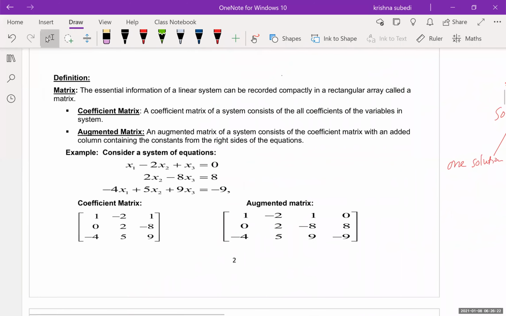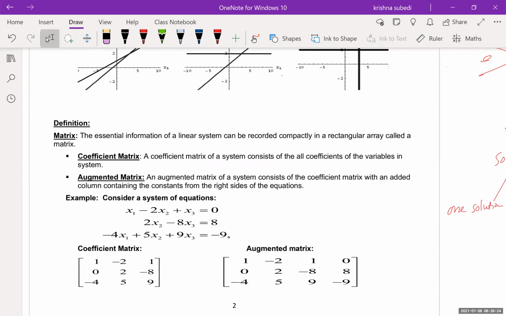Now, a couple of other definitions, by the way. Matrix. I think some of you have already done this matrix concept in your high school. I'm not sure how many of you have, but anyway, can somebody tell me what a matrix is all about?